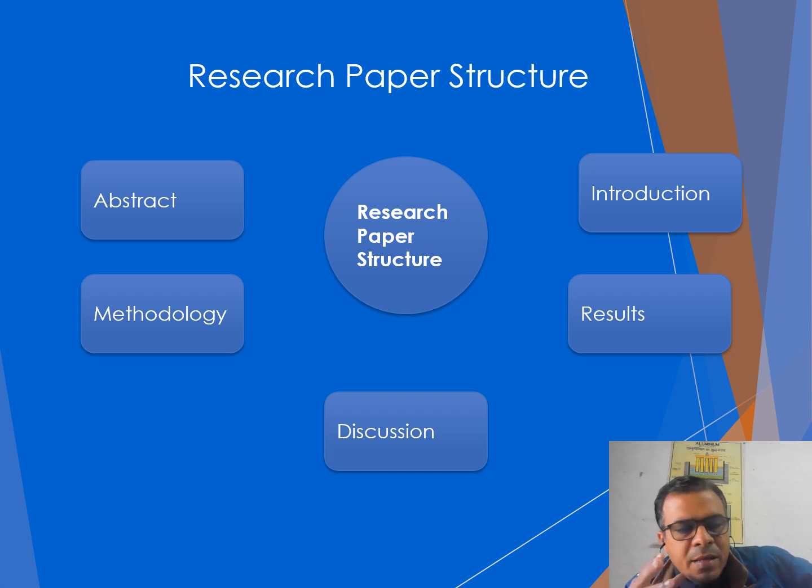Next in the structure is the methodology. What methods are you adopting for the research paper? Methodology describes how the research was conducted. Again, giving examples in various streams: in science, plants were placed under sunlight and artificial light, and the growth rate was measured.